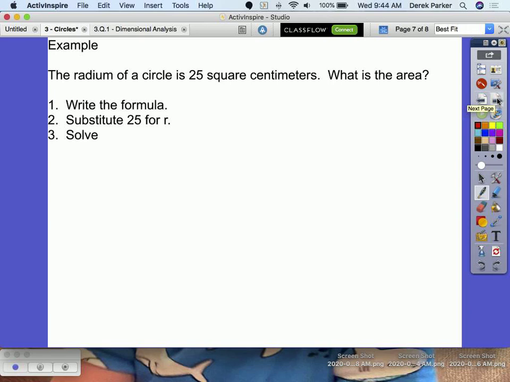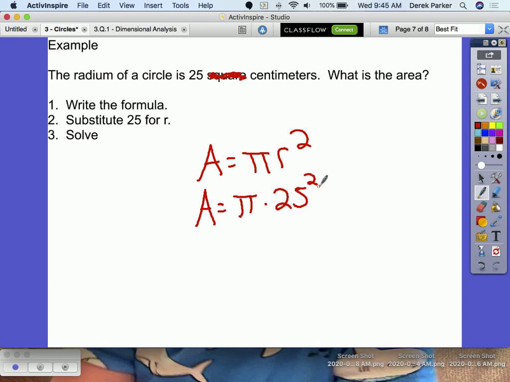The radius of a circle is 25 centimeters. What is the area? First step, write the formula down. A equals pi r squared. Area equals pi times 25 squared.